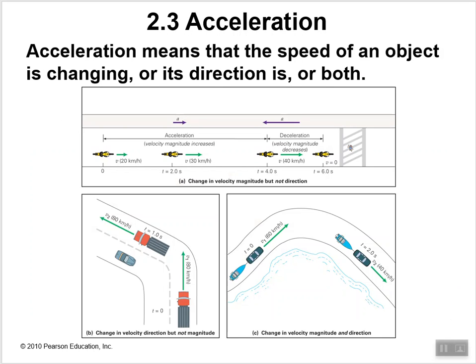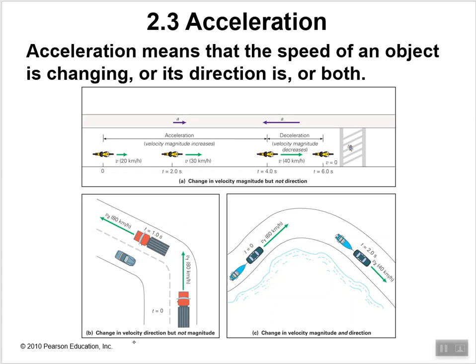Acceleration means that the speed of an object is changing, or its direction is, or both. So acceleration means that we have a change in speed or a change in direction. So for example, down here, acceleration could be that the speed changes. Here they have 20 kilometers per hour, here they have 30 kilometers per hour. Or it can go from 40 kilometers per hour to 0. So we could have a decrease in magnitude of the speed.